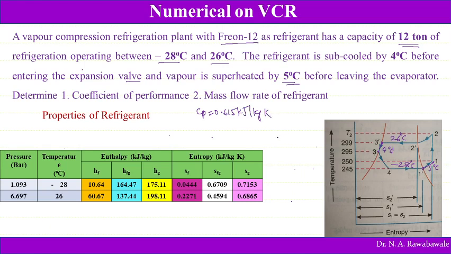In the previous problem Cp was assumed constant, and one value was given for superheated steam and wet steam.